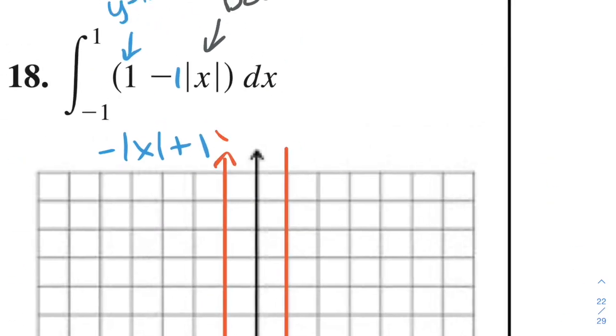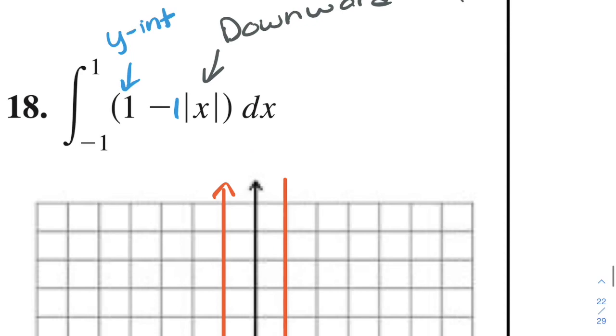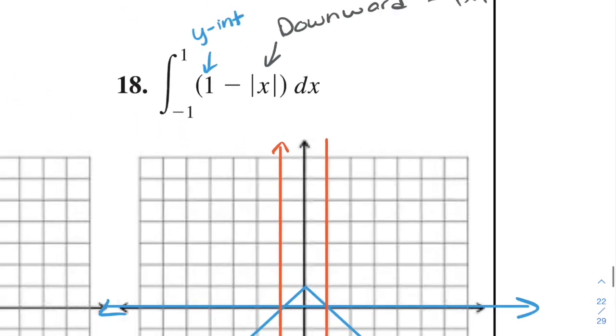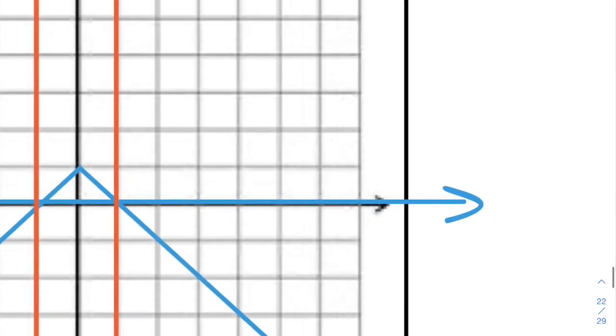I don't need to label it again. And let me erase that for now. You know what? No, I'll put it back. I don't want to make it too confusing. Let me just erase that. Okay, so here you have those, and then you have y equals 0.